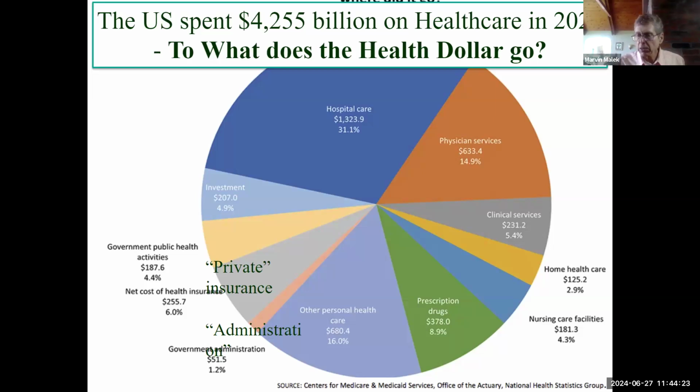So for a variety of reasons, healthcare is getting more expensive and all the insurers are having to raise their rates, including Medicaid. And ultimately, we're paying for it either in premiums or in our taxes.